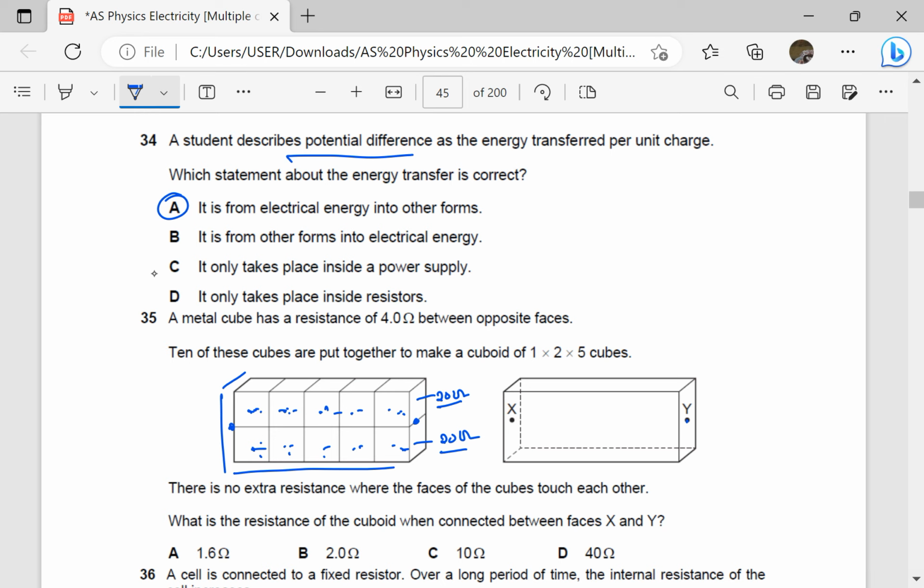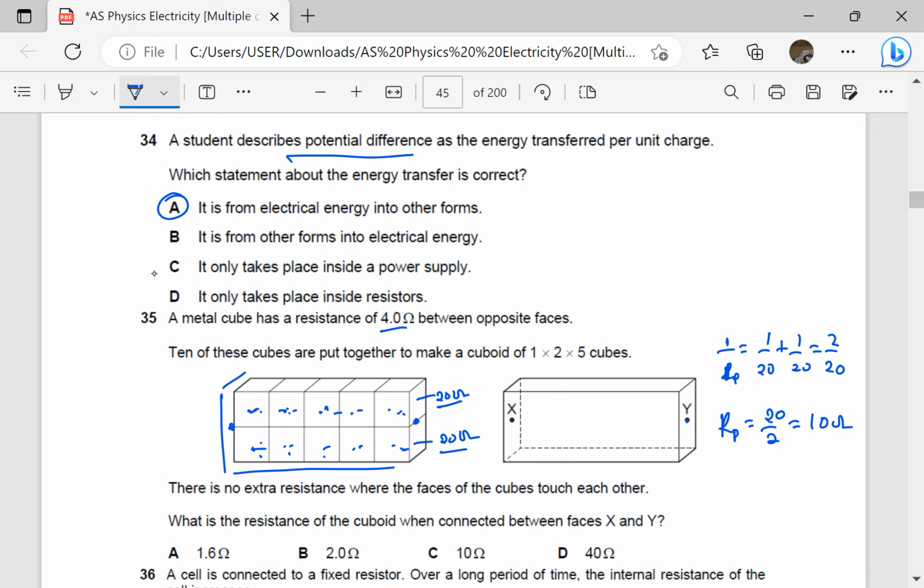So we now are going to have 1 over total resistance in parallel is going to be 1 over 20 plus 1 over 20, which is equal to 2 over 20, which implies that we get the reciprocal. So total resistance in parallel is going to be 20 divided by 2, which is going to be 10 ohms.